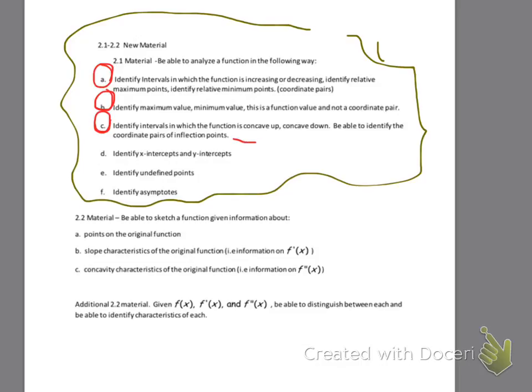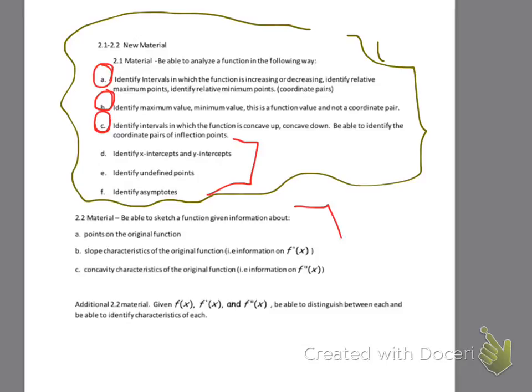You should still know how to do this part, but this is truly Algebra 2 and pre-calc. So be able to talk about the intervals correctly, be able to talk about the function increasing and decreasing and the slope being positive or negative, be able to discuss concavity and inflection point. Okay, so that's the 2-1 material.